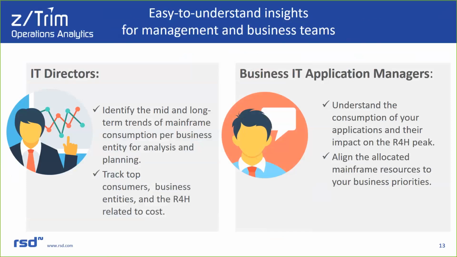Then you can see the top consumers across business entities, and also monitor the R4H, the peak periods, which is what the MLC cost is based on, and see those trends over time.